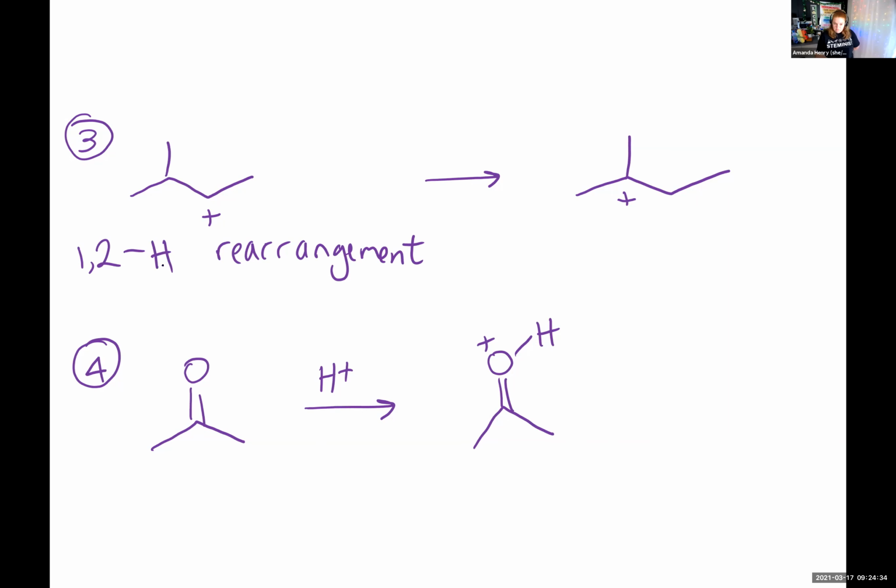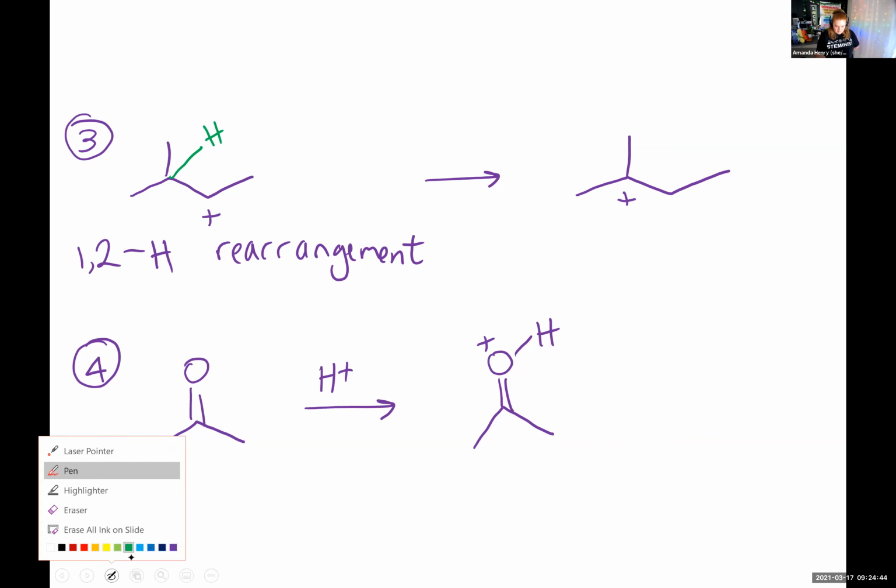Okay, so let me show you how to draw this one. I'm going to do it in a different color just so we can see it stand out. I'm going to add in my hydrogen right there. And all we're doing is going from that bond onto the carbocation.